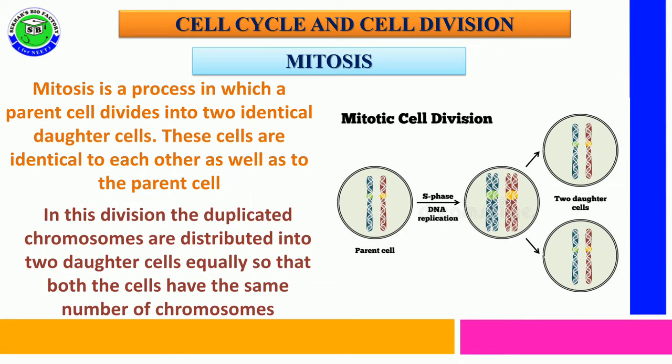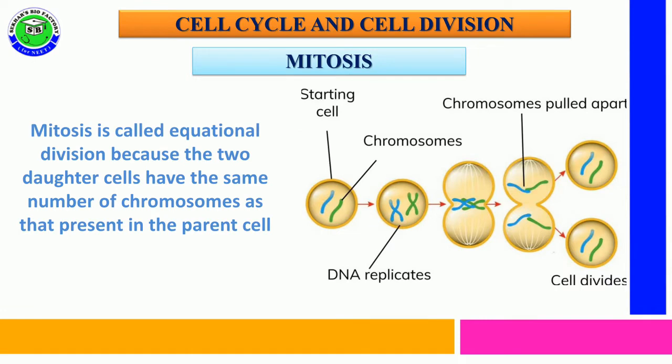During mitosis division, the chromosome consists of DNA, and this DNA is duplicated in S phase. This duplicated DNA is present in the form of chromatids in the chromosome, and it is equally distributed into two daughter cells in mitosis division.